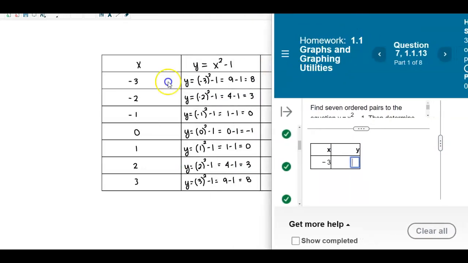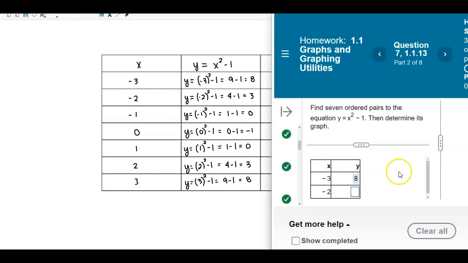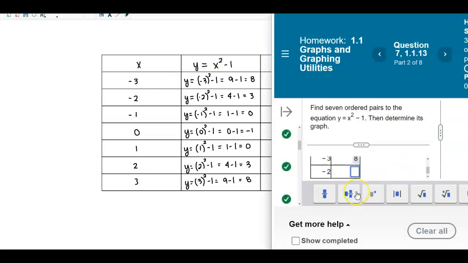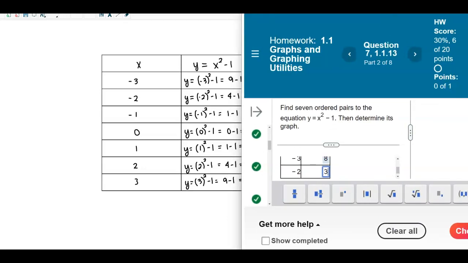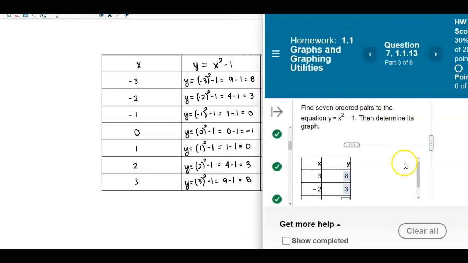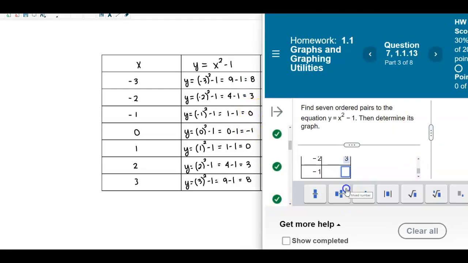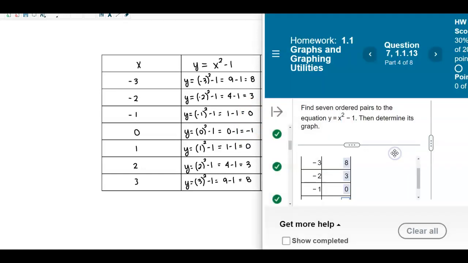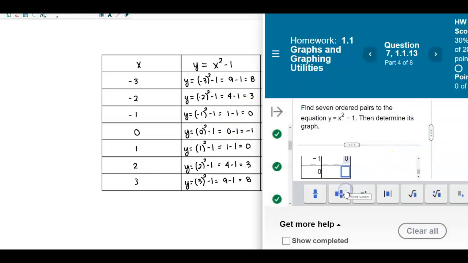So we know that when we plugged in -3, we got a +8, and that checks. Then we have -2, and we got a +3, and let's check that answer. Okay, then we put in a -1, and we got a 0. Then we had a 0, and we got -1.